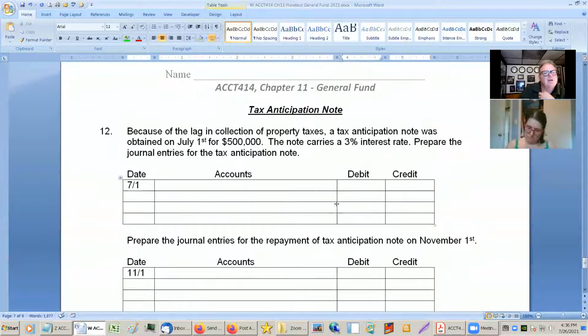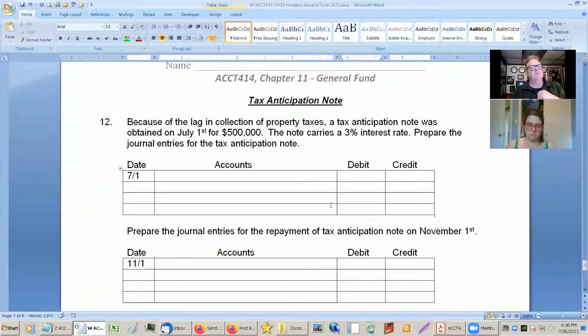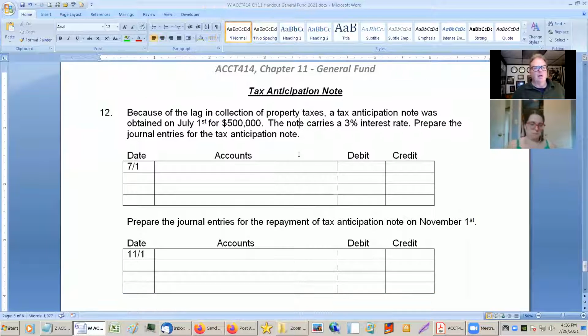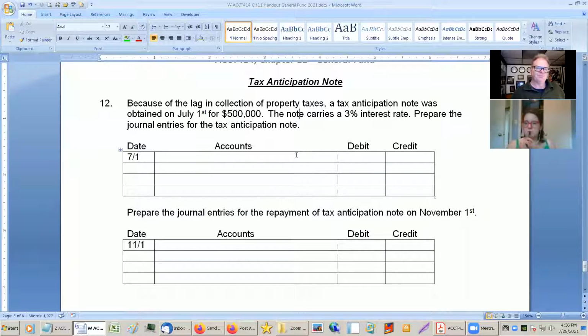All right, the last page on here. Tax anticipation. So a tax anticipation note. A lot of times when they levy taxes, the money doesn't come in for a while. And they may need the money before it comes in.